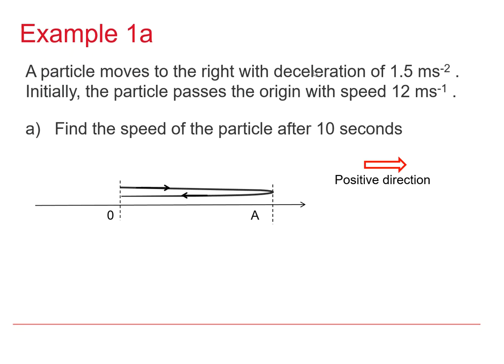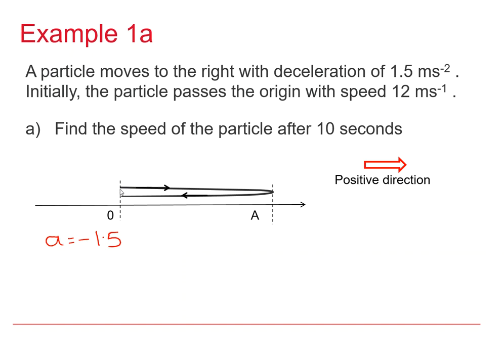So first thing we're told, deceleration of 1.5 meters per second squared. That means that our acceleration, the acceleration in the positive direction, is minus 1.5. We'll be working with units of meters and seconds throughout. The next thing we're told is that it passes the origin with a speed of 12 meters per second. Now, careful, that speed is a scalar variable, but we can see it's passing the origin, moving to the right.